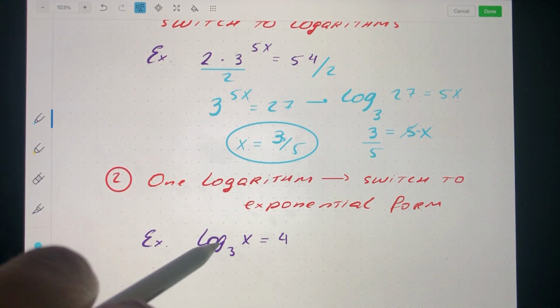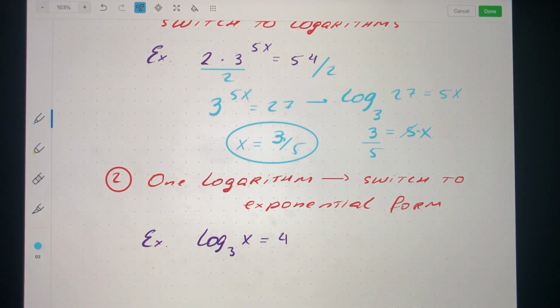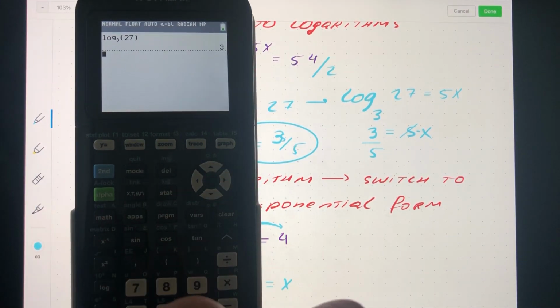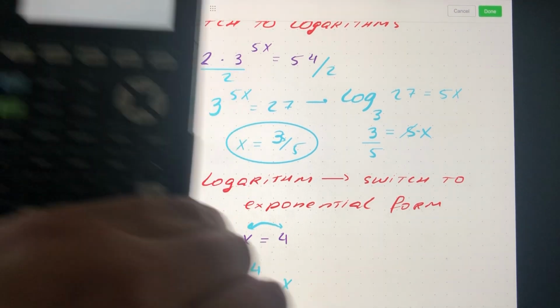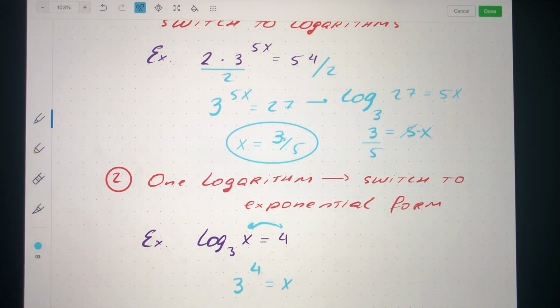We keep the base on the bottom, and we switch the input and the output, giving us 3 to the 4th is x. Well, 3 to the 4th we can type into the calculator, and it would be 81. Just to confirm, 3 to the power 4 is indeed 81. So that's the answer. X is 81.